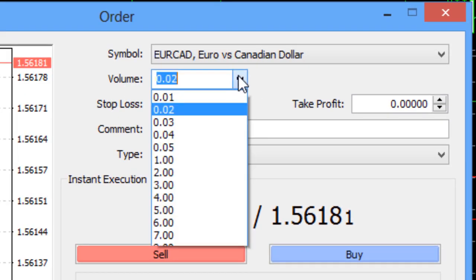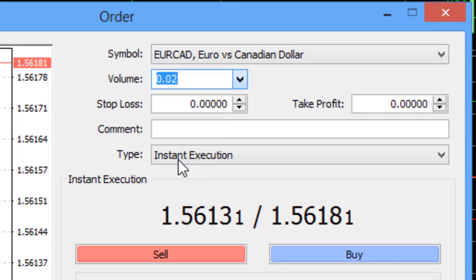Now if I select 1.0 as my volume, each pip, remember how I explained pip earlier, each pip you make is equivalent to $10. You make 1 pip, you have made $10. 2 pips, another $10, making $20. So that's the reason why our 4 pips was $40 when we did the calculation.